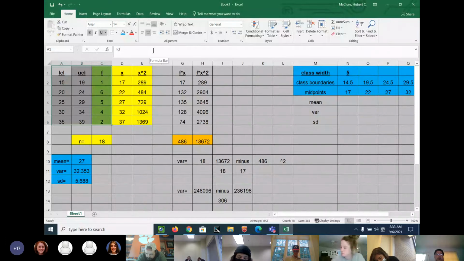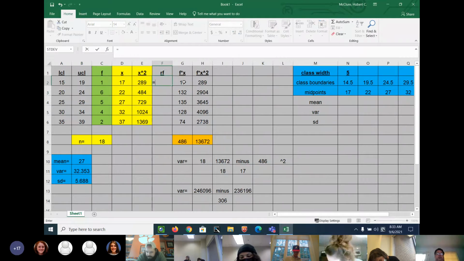2.1 is finding the relative frequency. Now, we didn't do relative frequency. I can do it right quick. Relative frequency. And what is relative frequency a fancy word for? Starts with a P. 1 divided by 18.